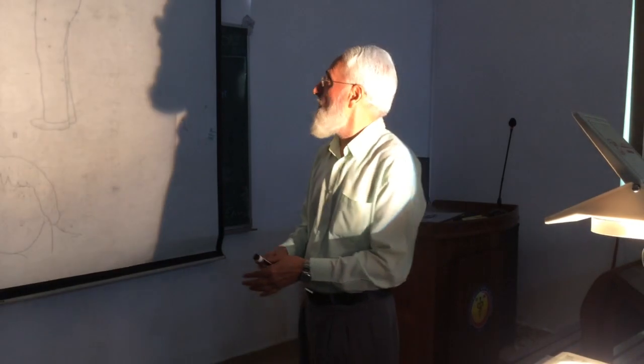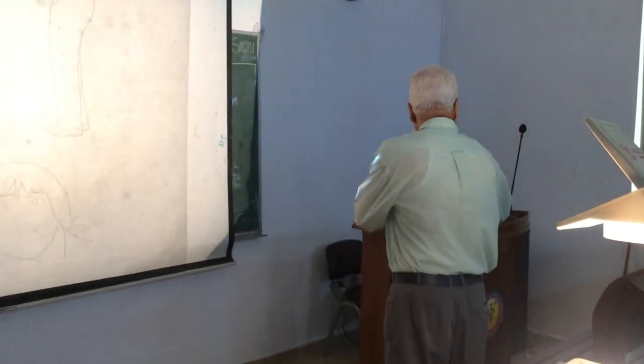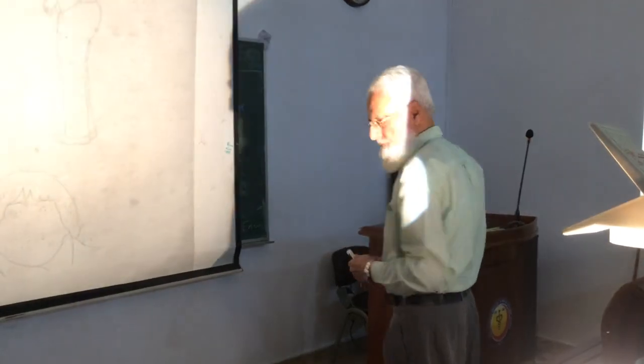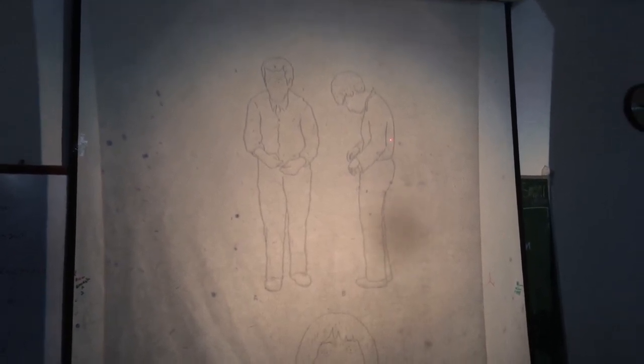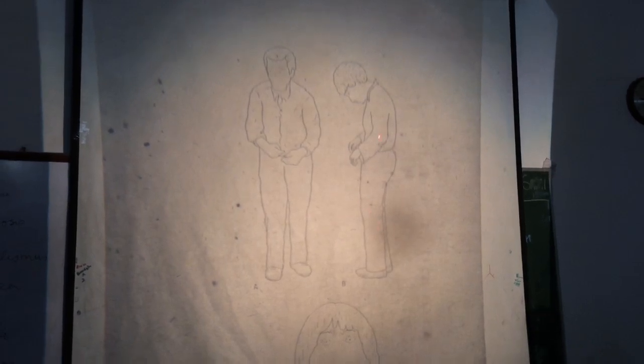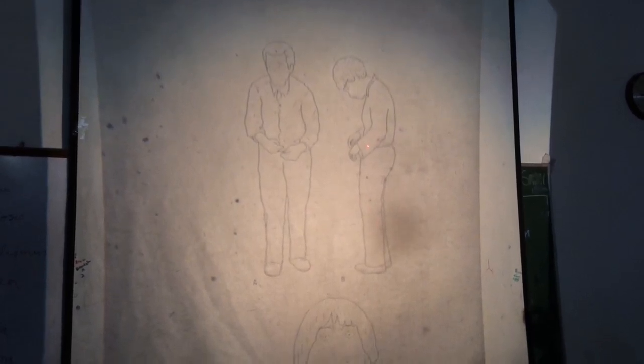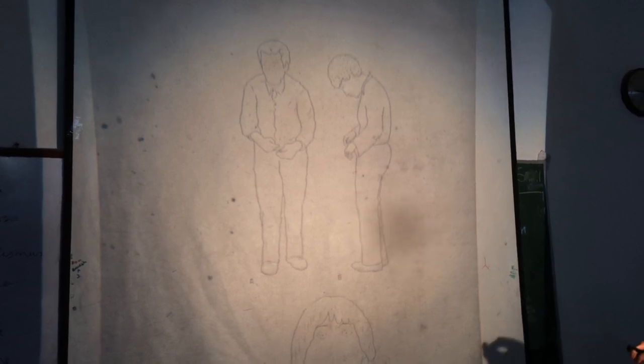Do you see in this figure? Back is bent, knees are bent, arms are flexed and adducted, and the patient moves like a statue. You see in this figure also a patient of Parkinson disease.